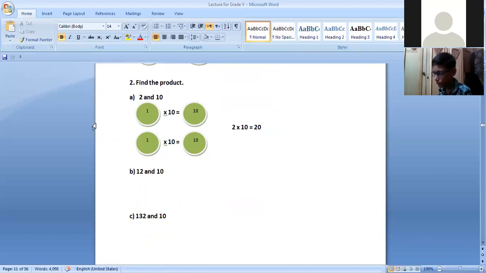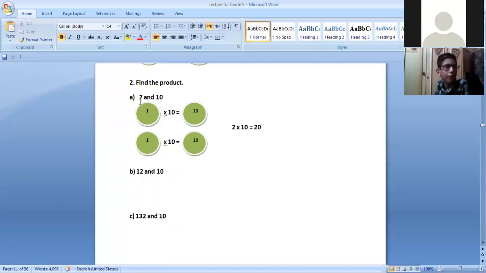In the same way, we will solve another question. We have 2 multiplied by 10, and it becomes 2 tens are 20. We will solve it with the help of disks. हम इसको disk method से solve करेंगे. 2 is split into 1 place, 1 disk. 2 हमारे पास कौन सी place पर है? 1 place पर, unit place पर.